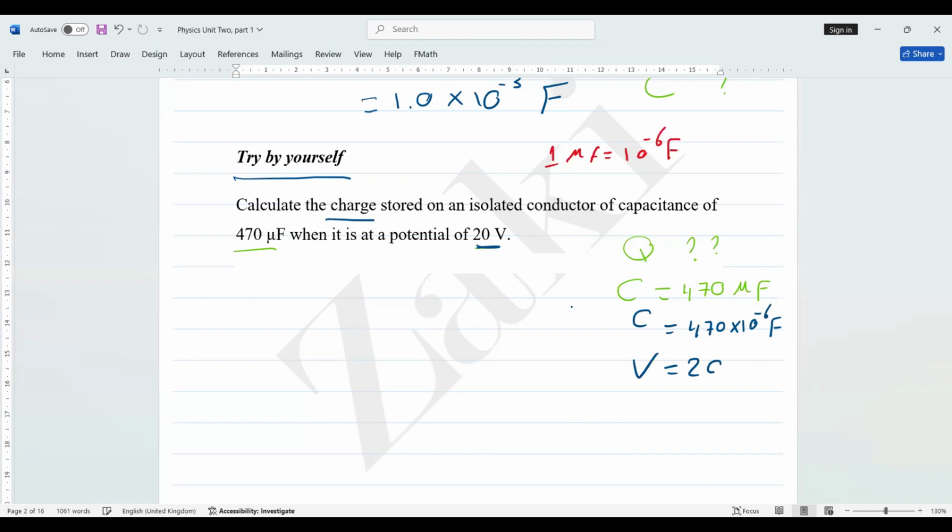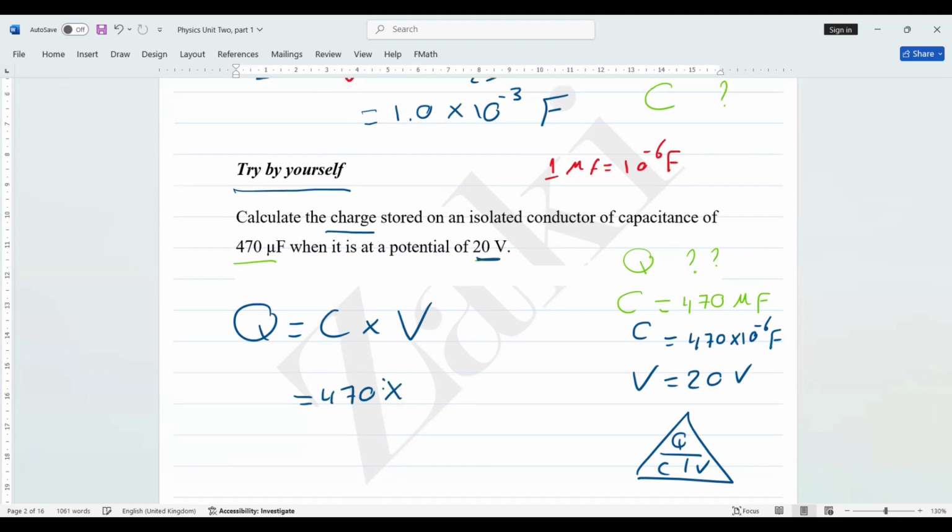Now, what is the formula? Remember, Q equals CV. What do we need? We need Q. Then Q equals C multiply V. C is the capacitance, which is 470 multiply 10 to the power negative 6 multiply 20.